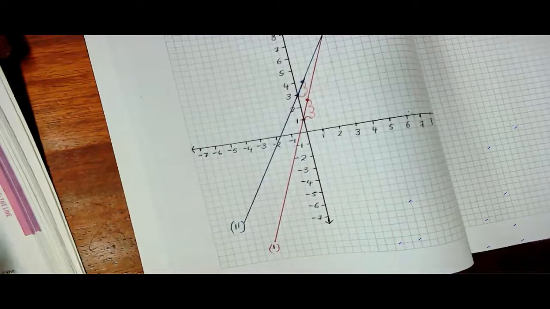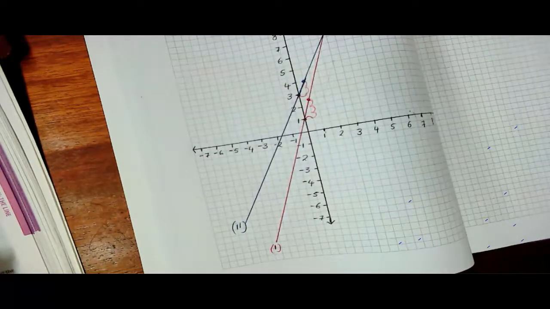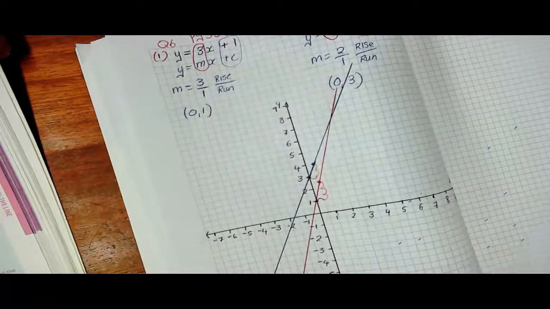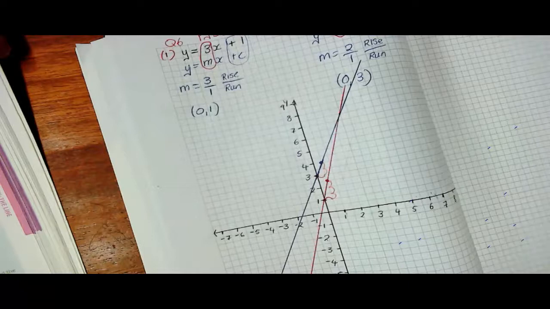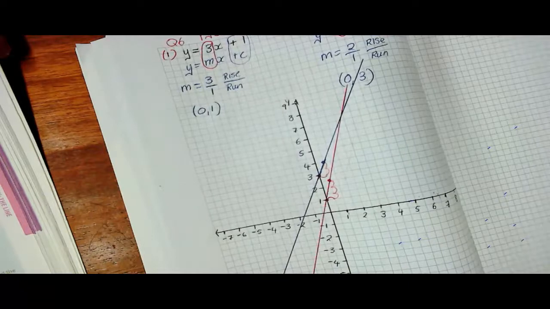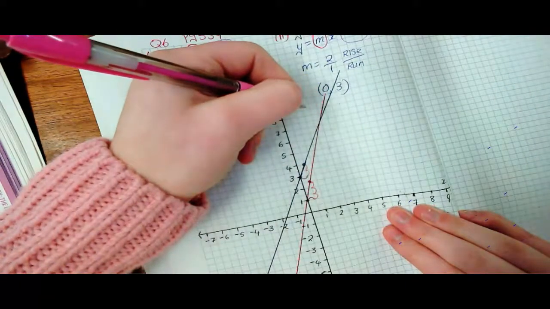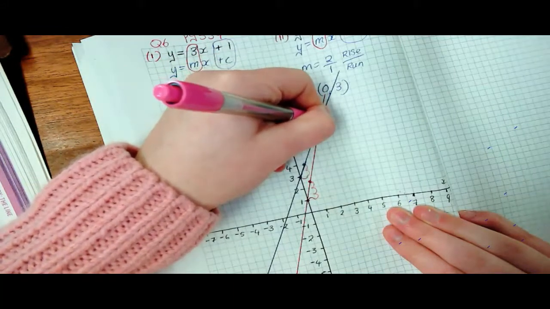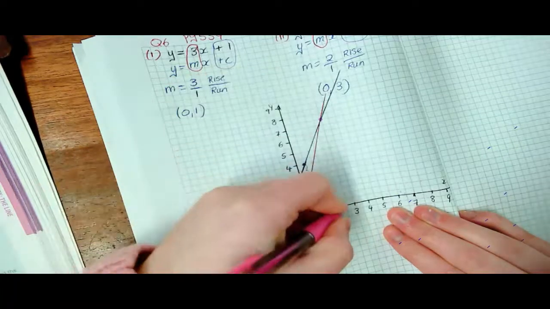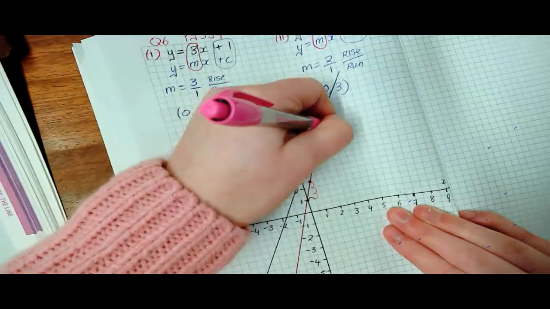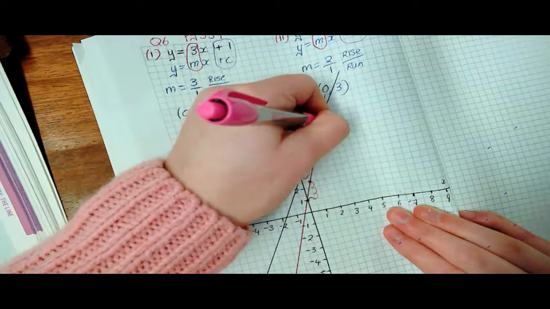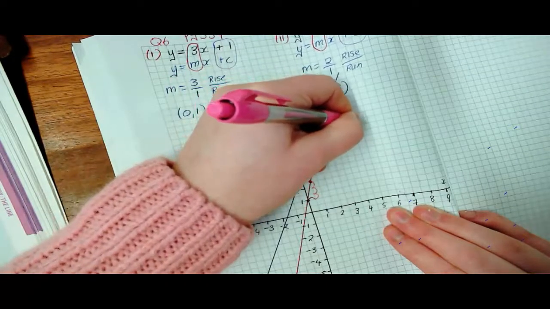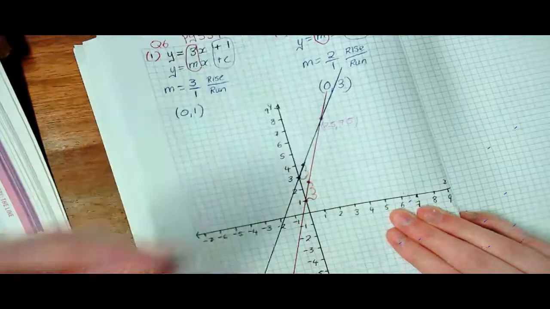And then the question asks, using your graph, find the coordinates of where the 2 lines meet. So where do they meet? Say about there. So on my graph that is 2.5 and 7.5. Okay, so that's the point.